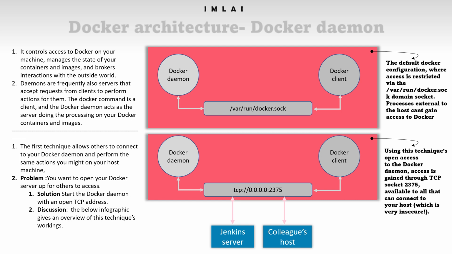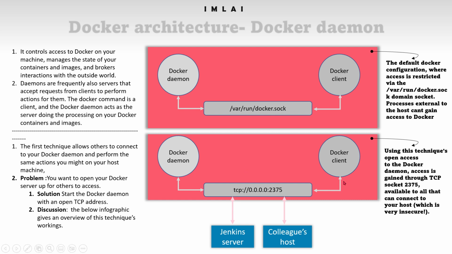It's like you have a car, and that car has a remote key, and if you have your remote key, you can operate it. If somebody has that remote key, they can also operate it. So that's it. The car is our Docker daemon, and the remote key is our docker.sock, or basically the way of connecting to the Docker daemon, and the entity who is operating is our Docker client here.